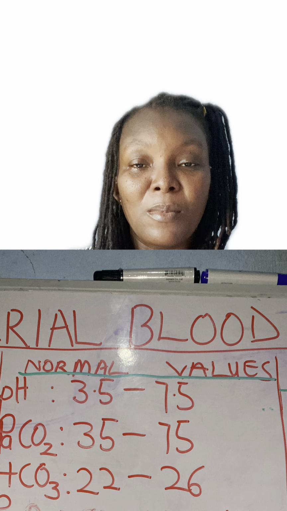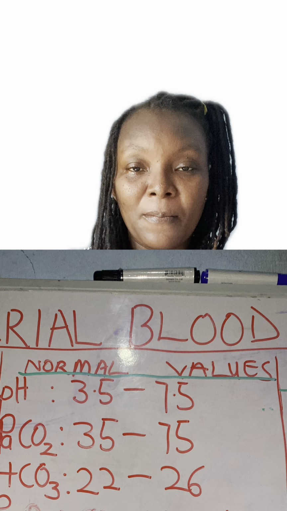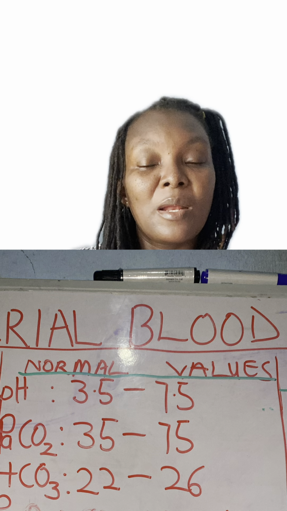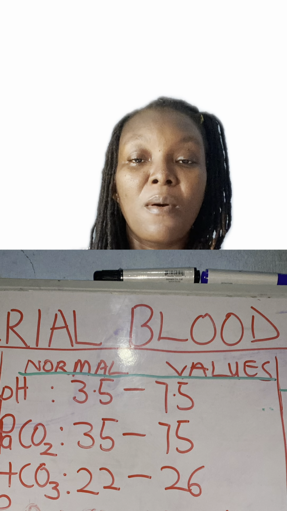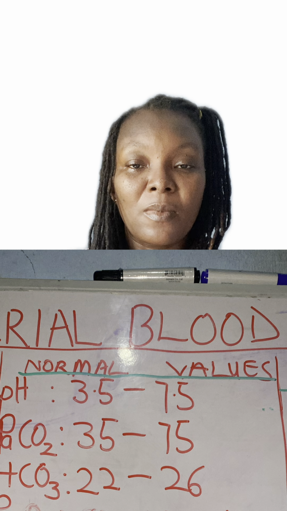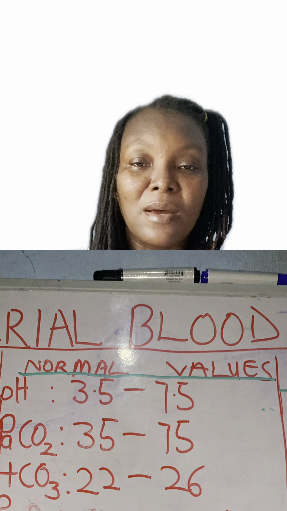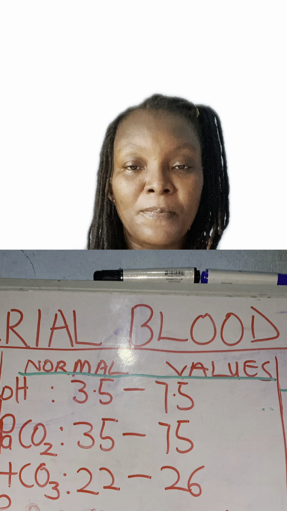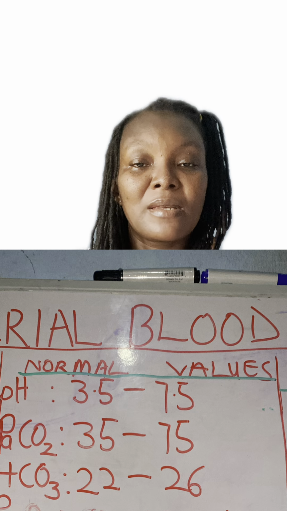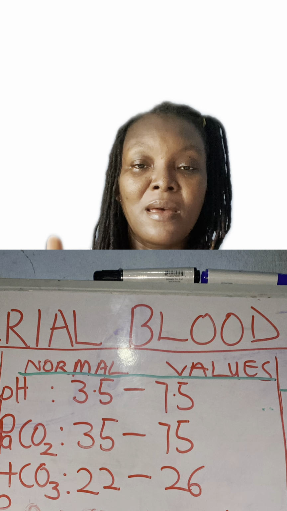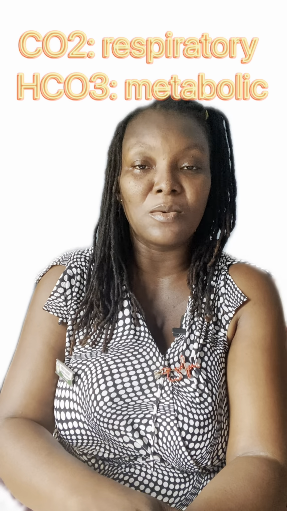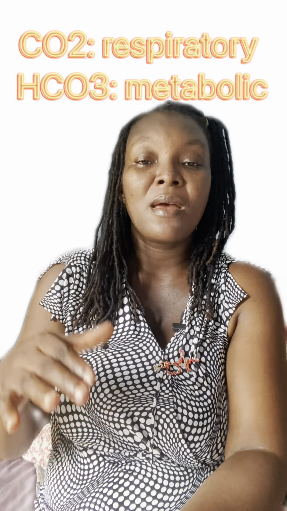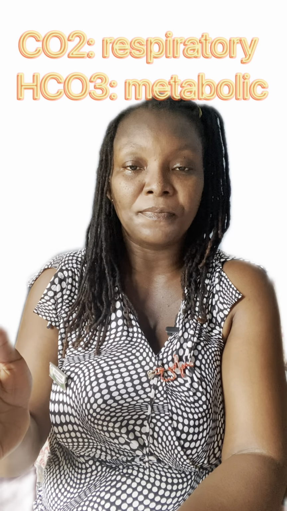So we have carbon dioxide, which is mainly acid in this context, and then we have bicarb, which is mainly base. The bicarb tends to buffer the situation, and the carbon dioxide will make it acidic. All right, so if the imbalance is because of a carbon dioxide problem, then it will become a respiratory issue, and if it's a bicarb problem, it will become a metabolic issue.